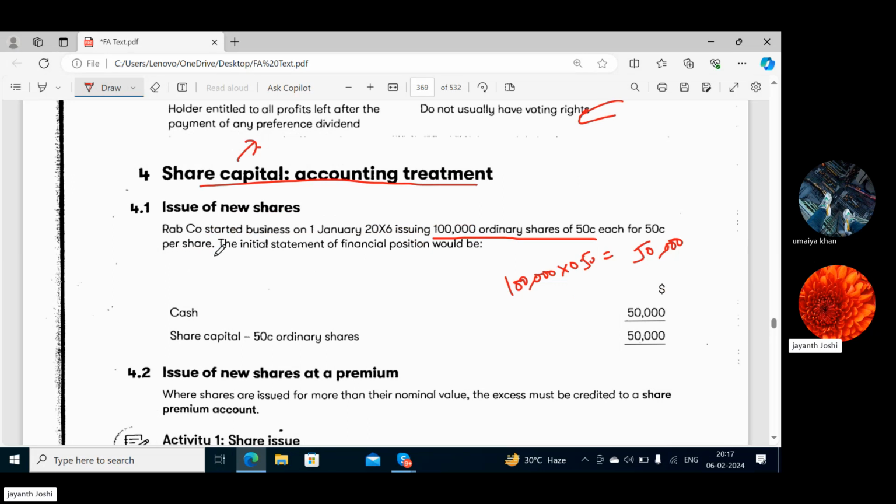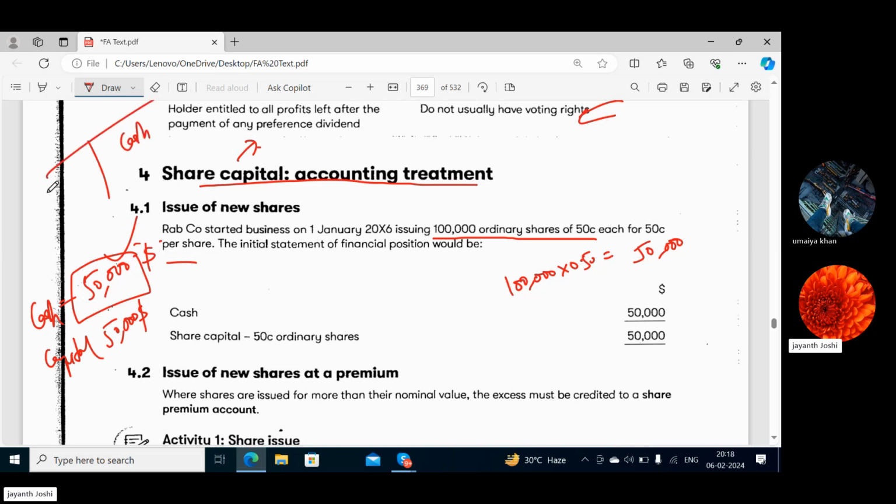What would the initial statement of financial position be? The company has received $50,000 in its cash account, so cash shows $50,000. And the capital they have introduced is $50,000. So when you make a balance sheet in T-shaped form, cash 50, share capital 50, and the balance sheet total is 50, 50. It is tallied. That's what they're showing here.